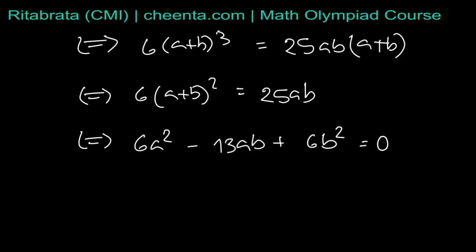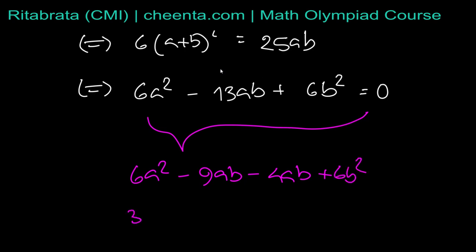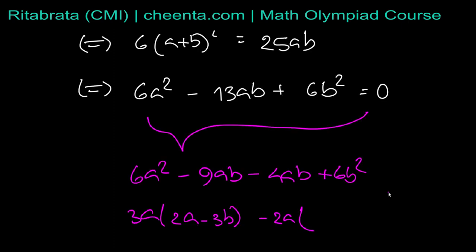So we can factor 6a square minus 13ab plus 6b square. This is the same as 6a square minus 9ab minus 4ab plus 6b square. And you can just factor it: 3a into 2a minus 3b, minus 2b into 2a minus 3b.